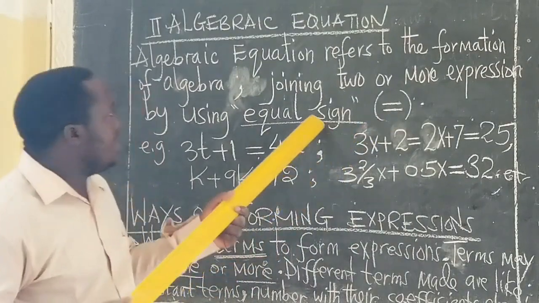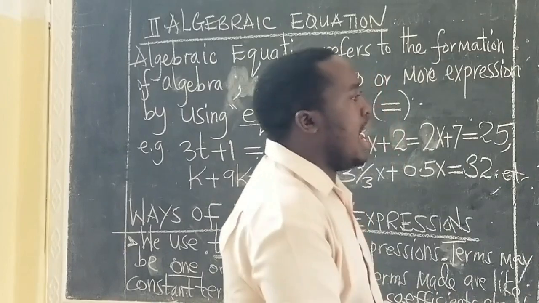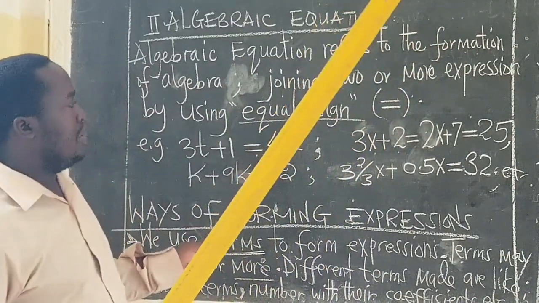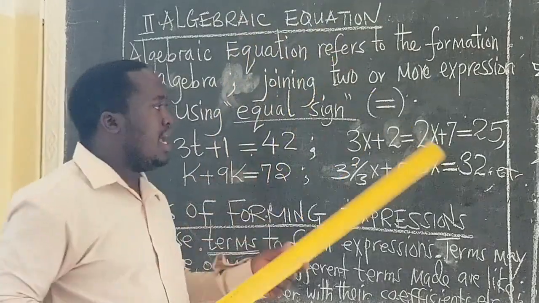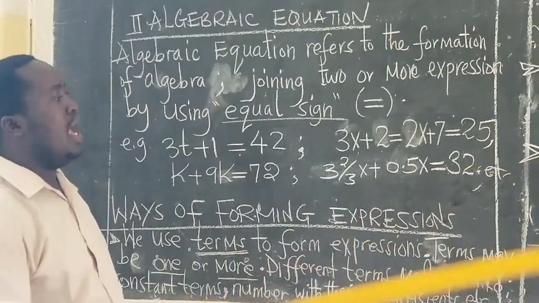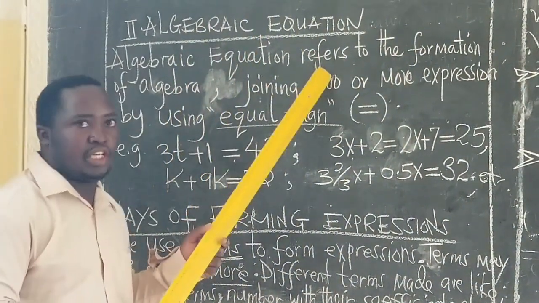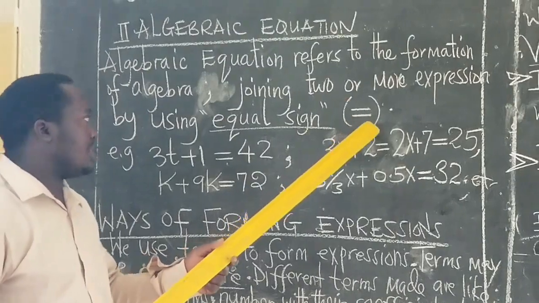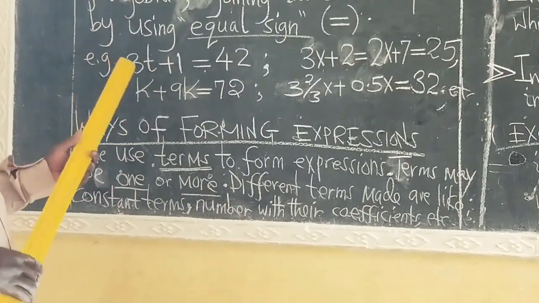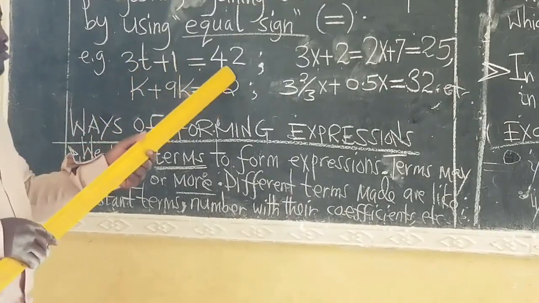The equal sign differentiates algebraic equation and algebraic expression. So, how do you know this is an algebraic equation and this is an algebraic expression? Algebraic expression has no equal sign, but algebraic equation has an equal sign. Let us see examples of algebraic equation. 3t plus 1 is equal to 42.